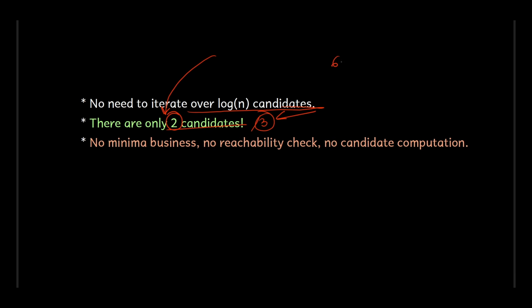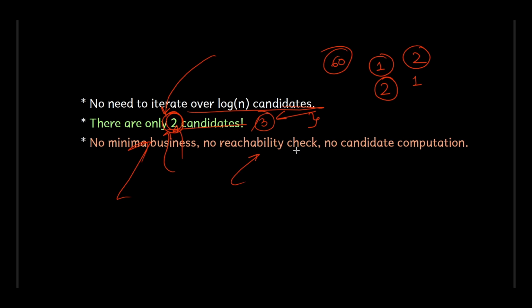Previously you were checking 60, and if you don't want to go through all the implementation detail, you can just see that if your meeting point is 1, also consider 2 as your meeting point, but if your meeting point is 2, also consider it as 1. So in that manner your meeting point can be at a maximum of 2 locations. You don't worry about minima. You don't actually have to worry about checking if it is reachable or not. Why? Because you're computing the meeting point, and the meeting point is of course reachable.